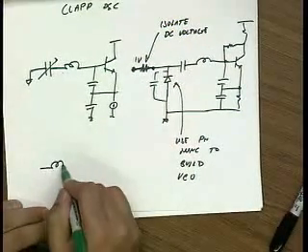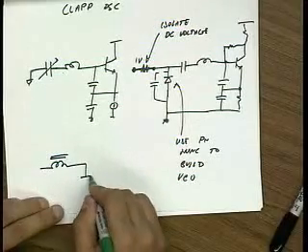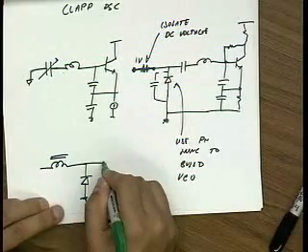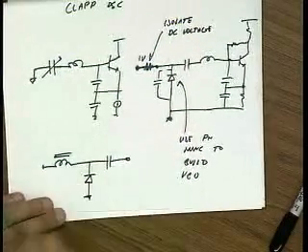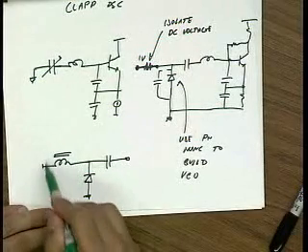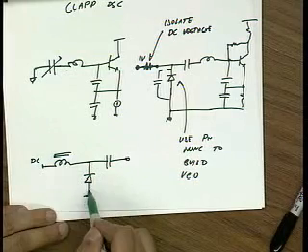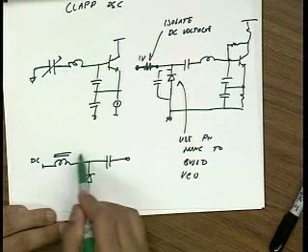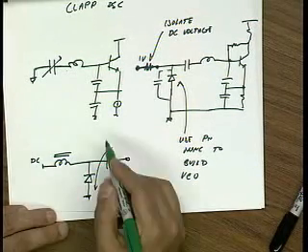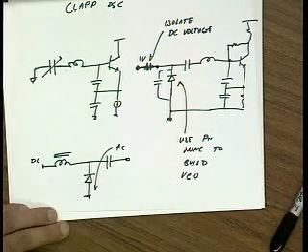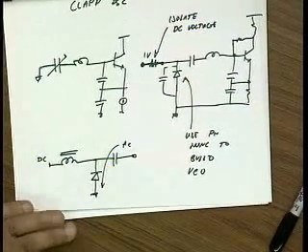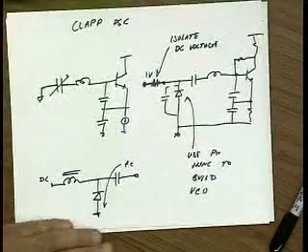Actually it's preferable to use a large inductor like this, because then the inductor introduces no noise into the circuit and it lets you bring in a DC voltage here, and the AC signals see a high impedance, so all the AC signals will go in this direction. Yeah, thank you. Okay, any other questions?